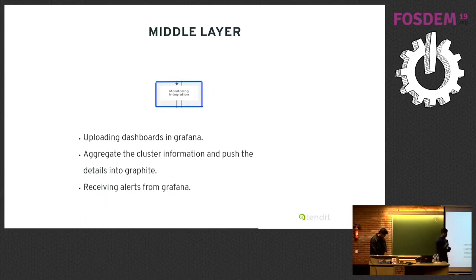The second is that it will fetch the cluster topology from etcd and do some aggregation work, like from these many volumes, how many are up, and from these many bricks, how many are up and how many are down. It will push those details into Graphite. The third is that it will receive the alerts from Grafana and notify the user via some notifications.